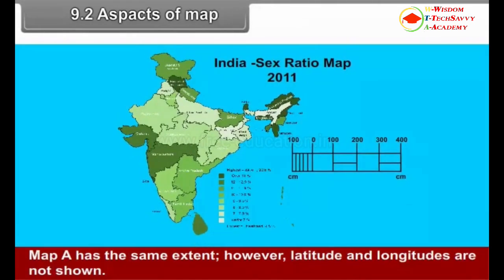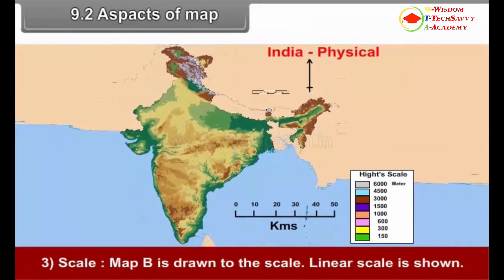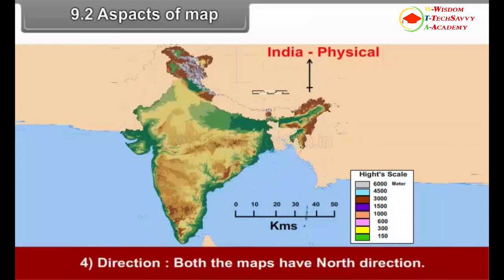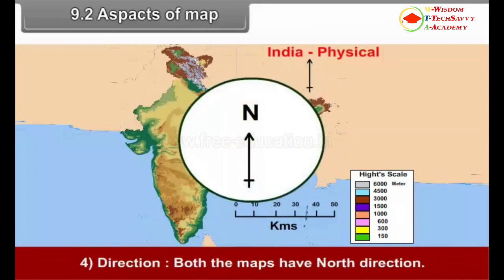Map A has the same extent. However, latitudes and longitudes are not shown. 3. Scale. Map B is drawn to the scale. Linear scale is shown. 4. Direction. Both the maps have north direction.